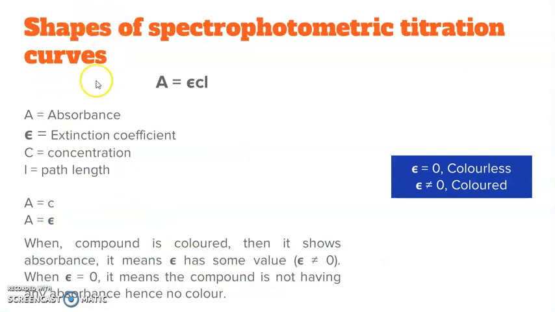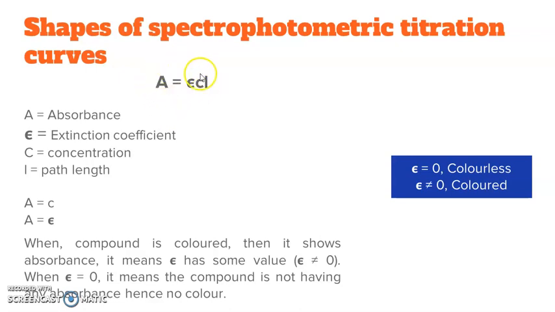With respect to the shape of spectrophotometric titration curves, before we go into that, I would like to recall the equation we have already understood, where absorbance is equal to epsilon times C times L according to the Beer-Lambert equation, where absorbance is equal to the extinction coefficient times concentration times the path length.